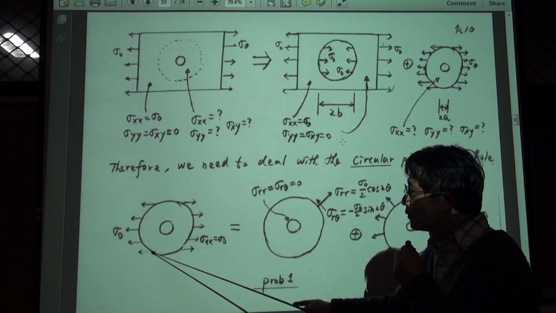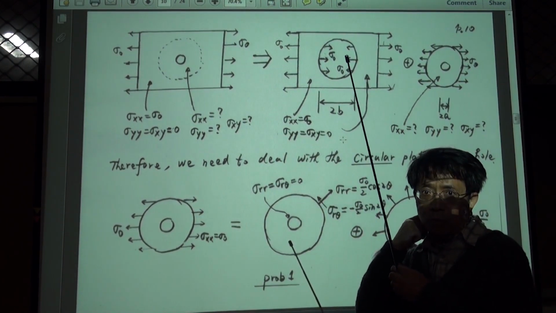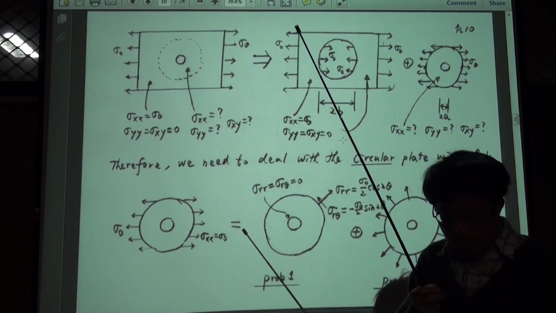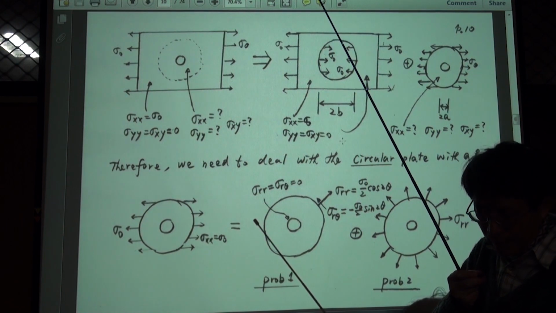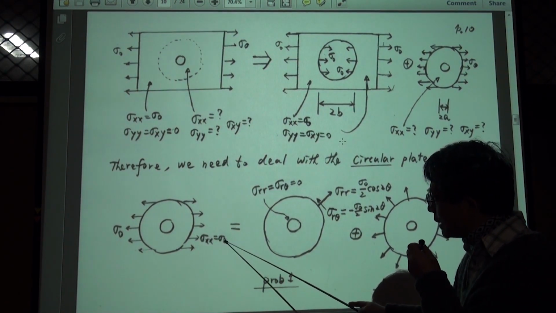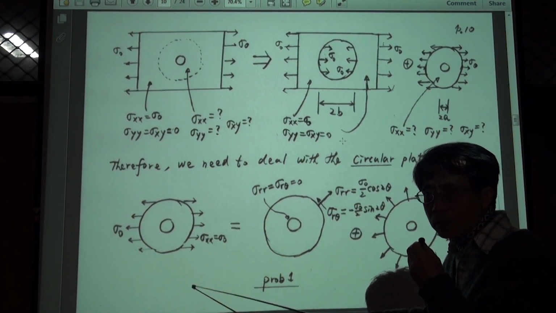With such a stress state along this boundary, what happens if we express it in terms of the polar coordinate? Remember, sigma xx equals sigma 0, sigma yy equals 0, sigma xy equals 0.